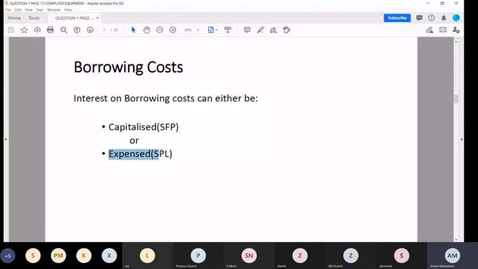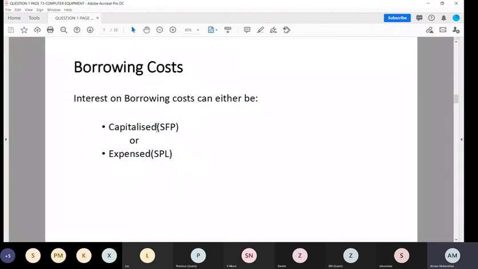We did capitalization on the components of PPE. So what it means is that from that 100 million rand, if you go and pay 10 million interest, you can either capitalize it or expense it.